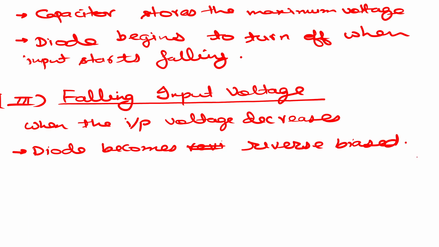Since there is no flow of current, because there is no voltage drop in the diode now, as it's in reverse bias, the capacitor is isolated. That means the capacitor is not charging anymore.